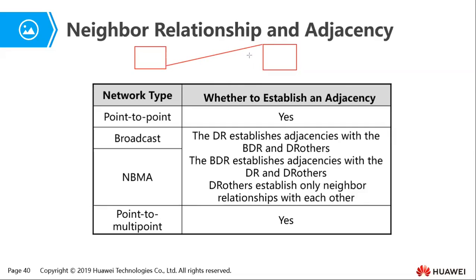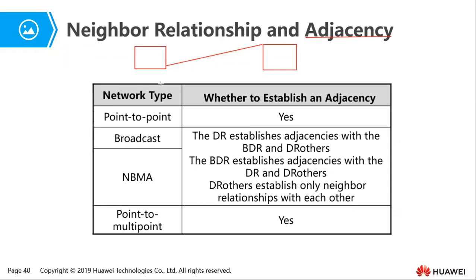You've interconnected them using a serial cable. They'll form a relationship, but because it's a point-to-point connection, they don't need to do any election. So they are still going to form an adjacency and exchange their link state information. Are you getting the point? The only thing we don't need here is an election.